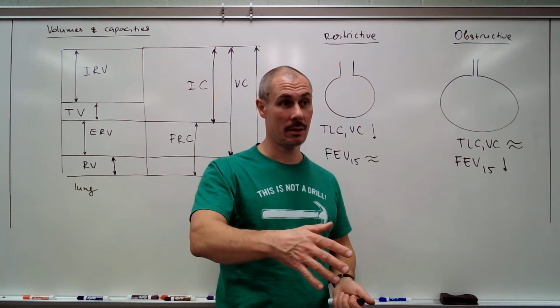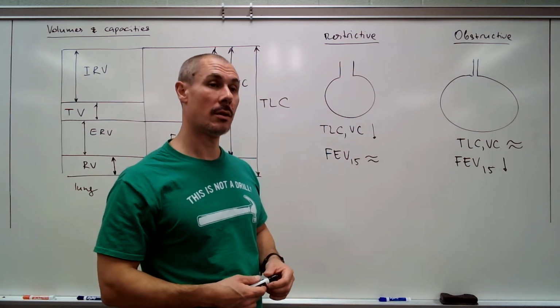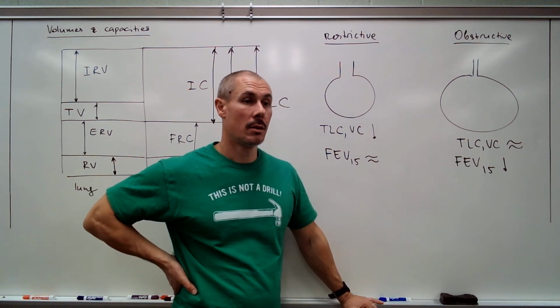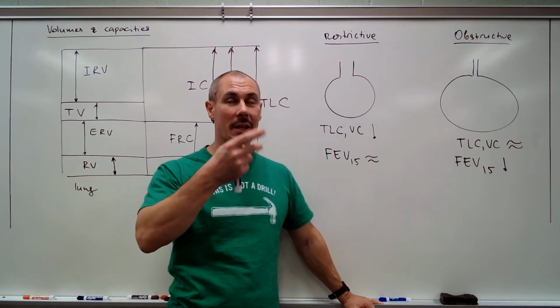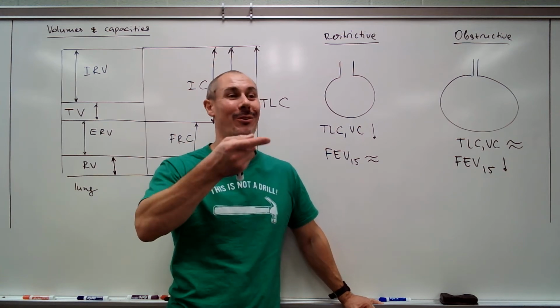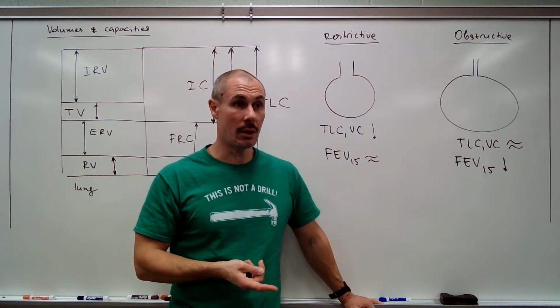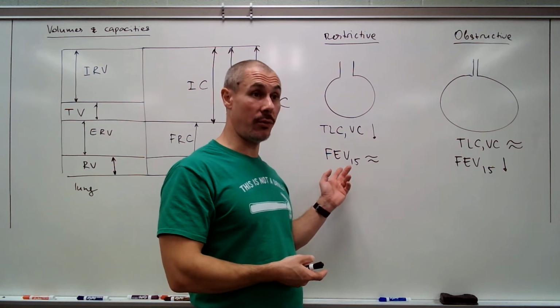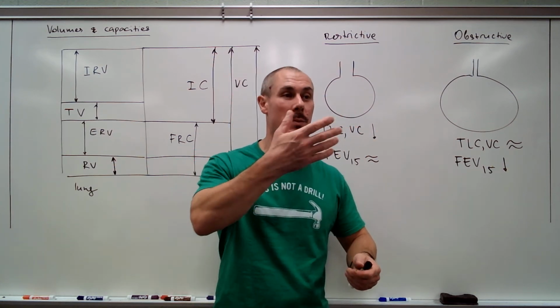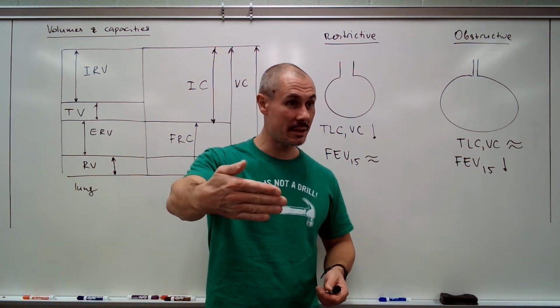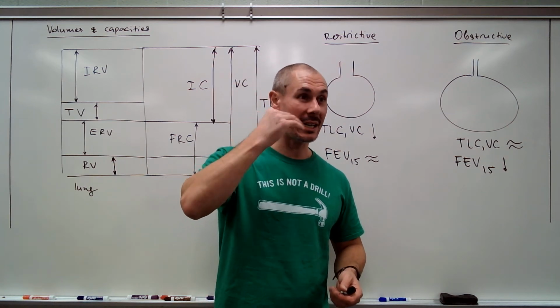If you had restrictive, wouldn't your rate of respiration be faster? Oh yeah, you're talking about the rate of individual acts of inhaling and exhaling. When I say forced expiratory volume, I mean the rate is not the breathing rate, it's how fast the air gets out.